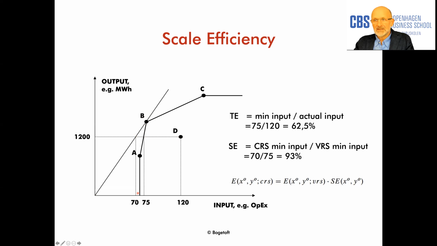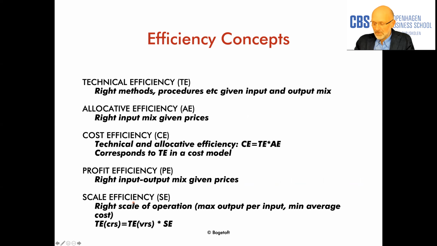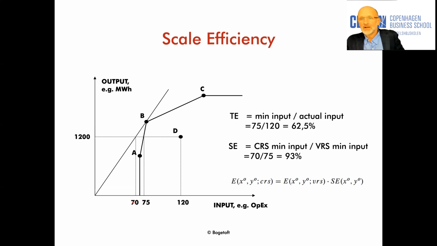So in this case, we would have gotten a technical efficiency of 70 divided by 120. That will actually be the technical efficiency in a CRS model, constant return to scale DEA model. What I've illustrated as the main one here is a DEA variable return to scale model.